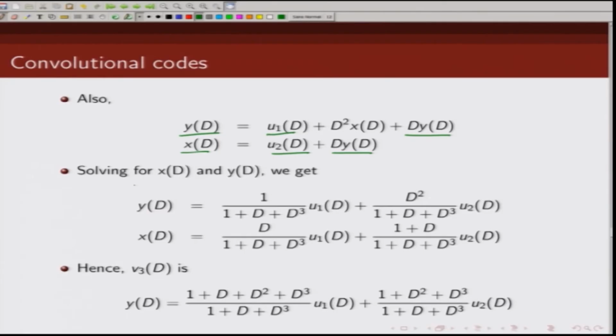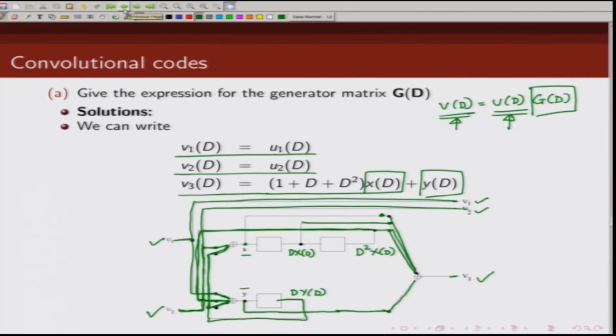So, if we solve this, what we get is y of d is given by this and x of d is given by this. Now, we plug these values of y of d and x of d into this expression of y3 of d. So, we plug this value of x d and y d, which we just computed, in here.